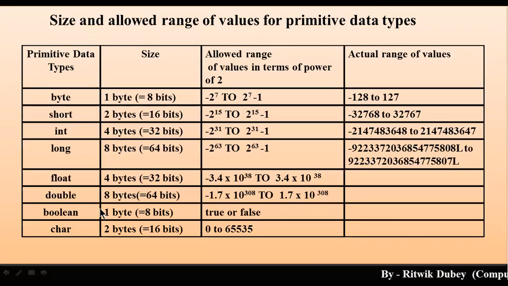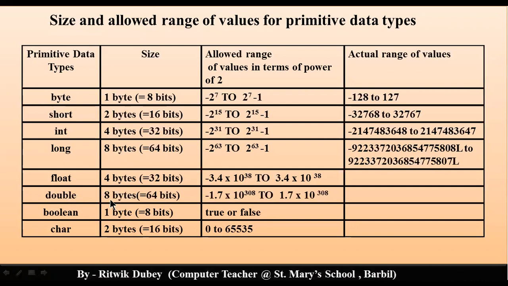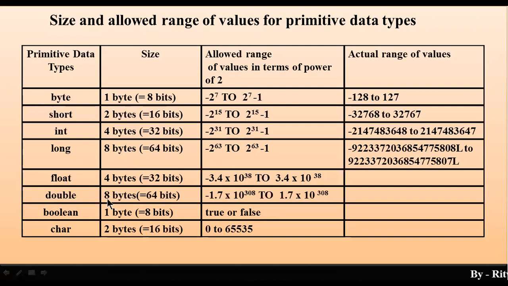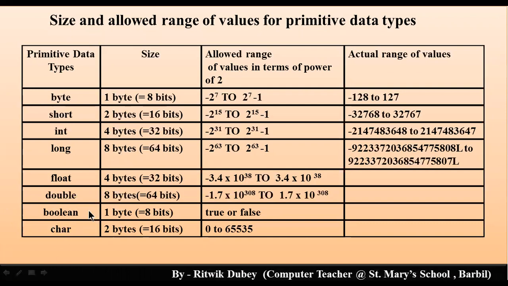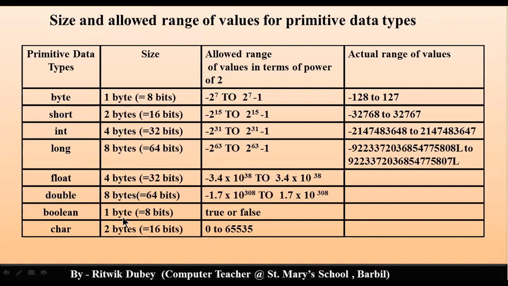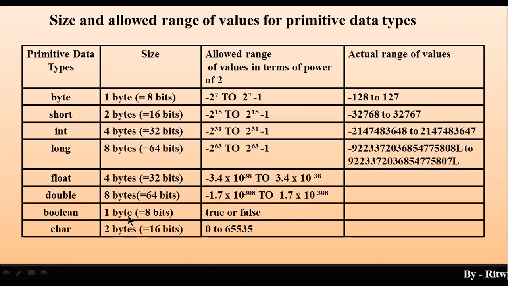For double, the variable consumes 8 bytes. For boolean, it consumes 1 byte of memory. For char, it consumes 2 bytes of memory.